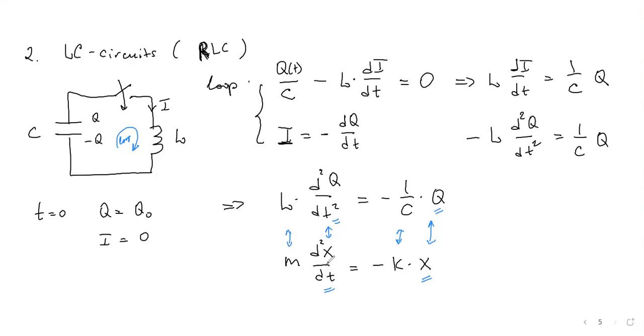The mass times acceleration. Inertia times acceleration. This is the acceleration of the rate of the change of the charge. But not for motion. It's how fast current is changing. Then the 1 over c coefficient will play the role of the spring constant.